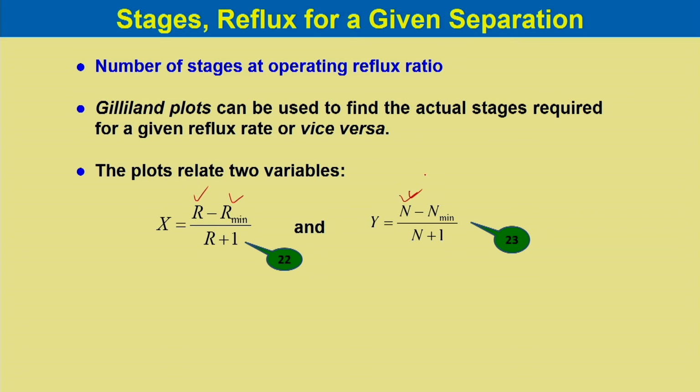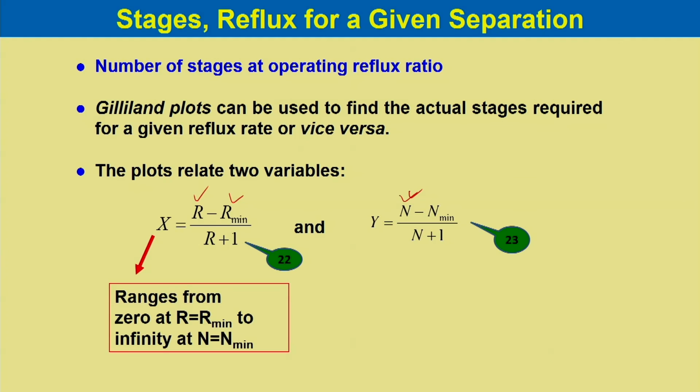N is the number of trays and Nmin is the minimum number of trays. x ranges from 0 at R is equal to Rm to infinity at N is equal to Nmin.